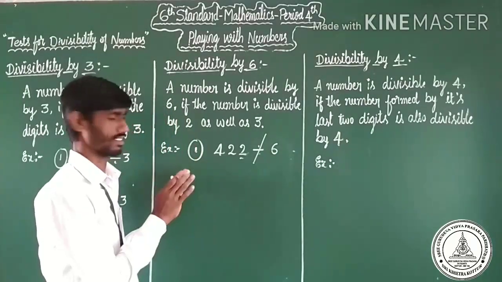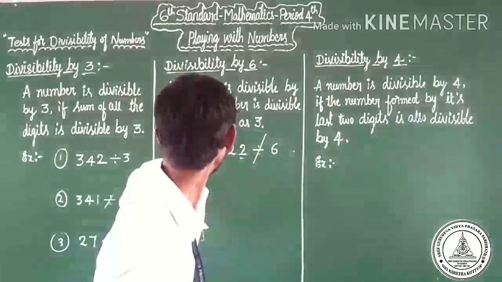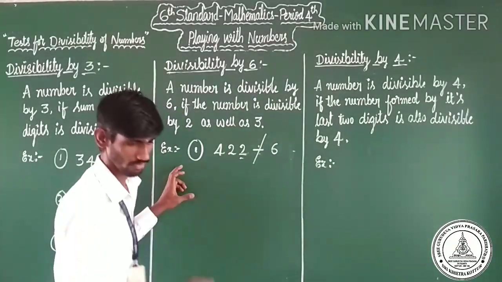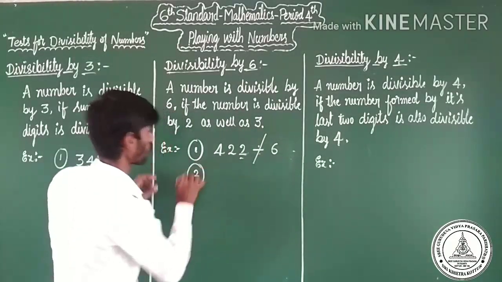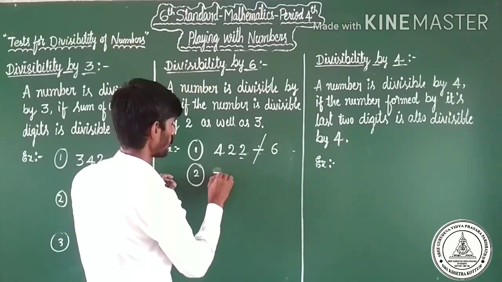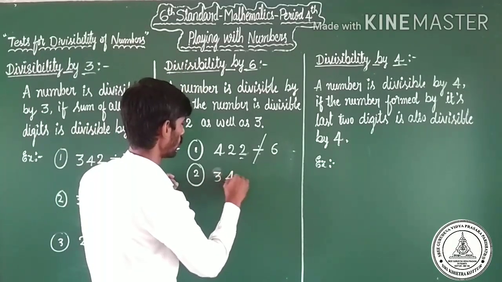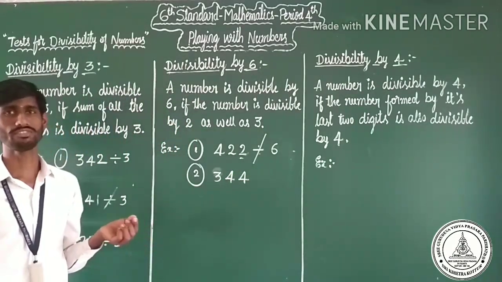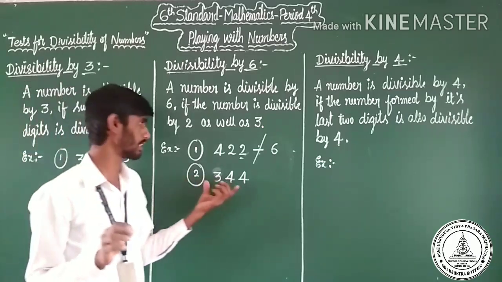Because you know the reason. Okay, let us check. Let us take one more example. 344. Does 344 pass the divisibility by 6?